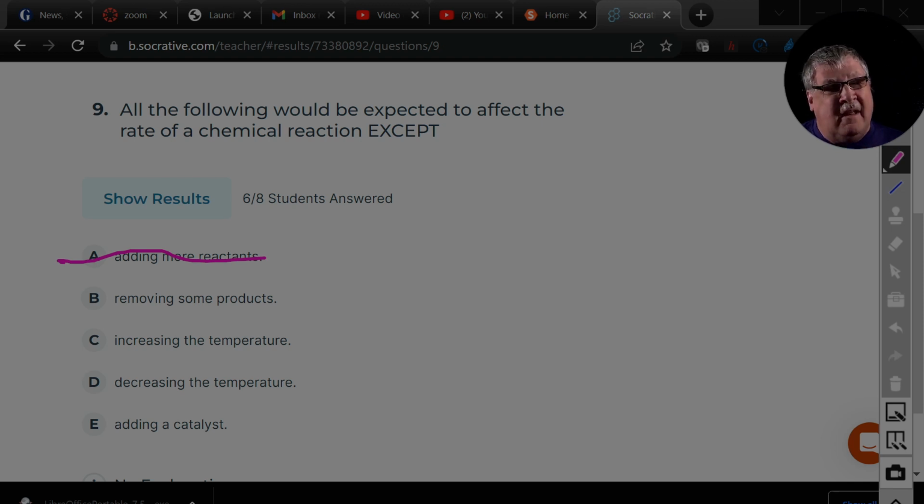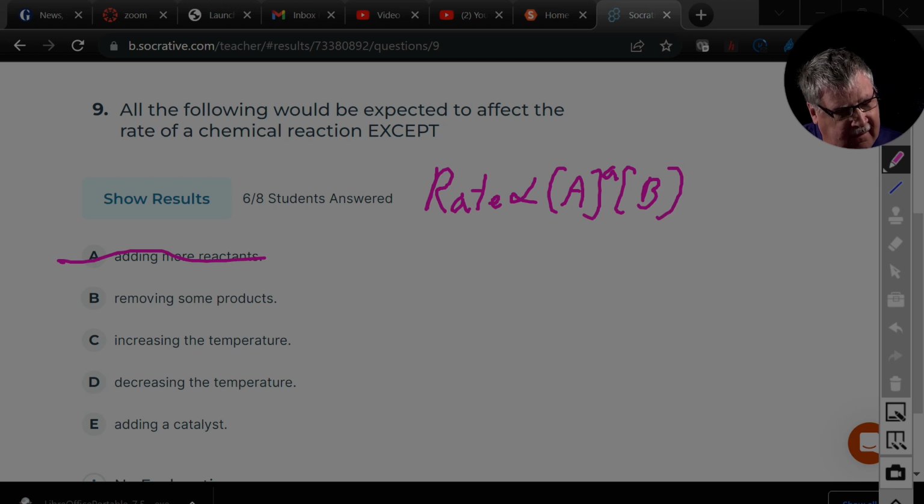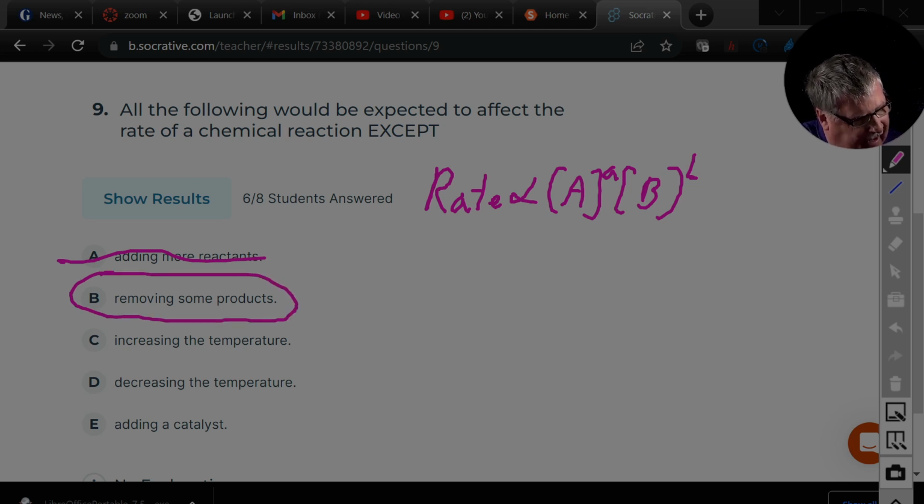Removing products. Think about, what does the rate law for a chemical reaction look like? It's proportional to the concentration of the reactants raised to certain powers, but it has nothing to do with the products. So that's a possibility.